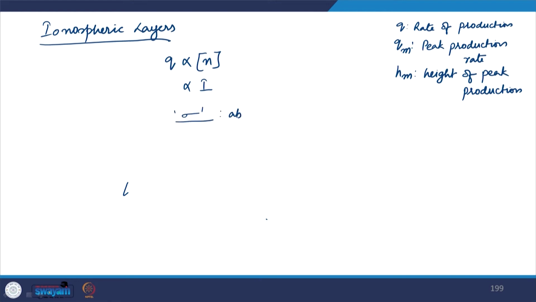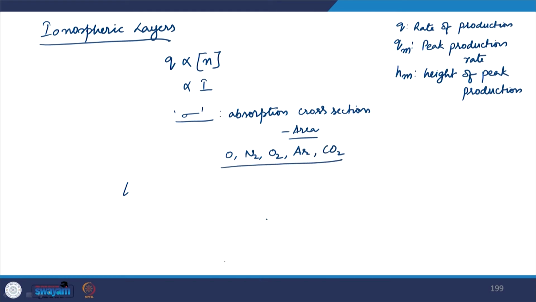Sigma is the absorption cross section. What are the units? The units are area. So let us say we have oxygen, nitrogen, argon, carbon dioxide, and many other species. The first assumption we are going to make is that these molecules or atoms are of different sizes.